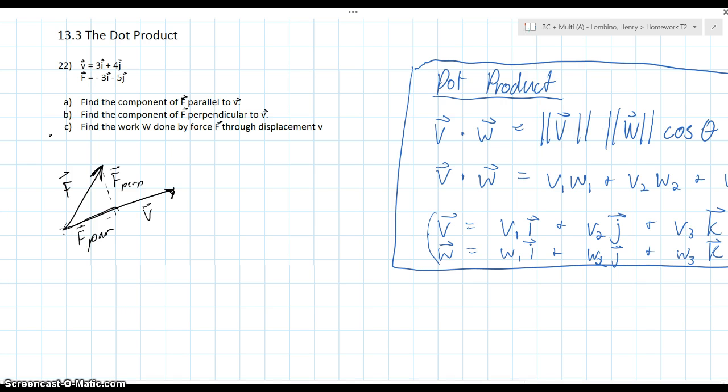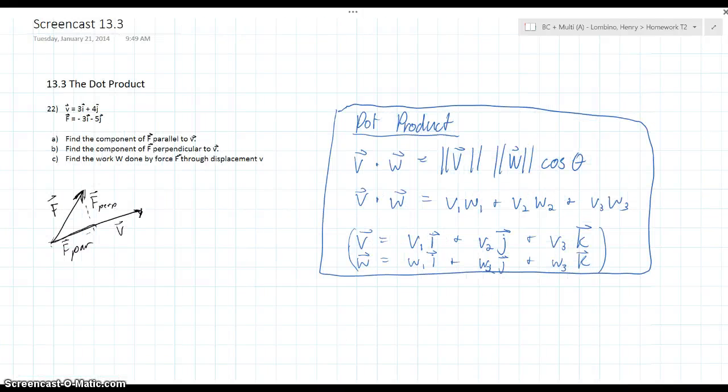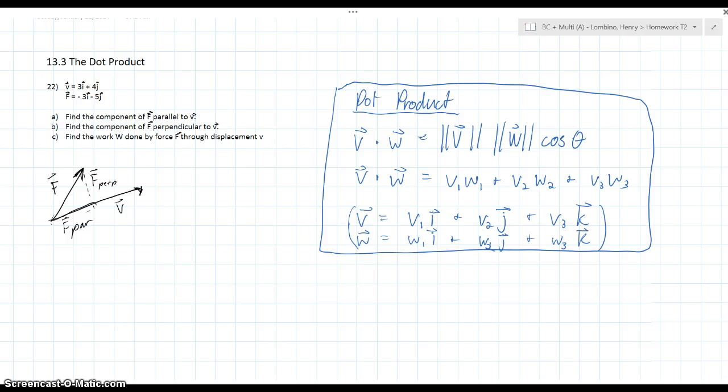So the way we're going to do that is we're going to set up some truths that we know, and then we're going to try to solve for that. So what do we know? We know that vector f is going to be equal to f par plus f perp, just by the nature of them creating a triangle.